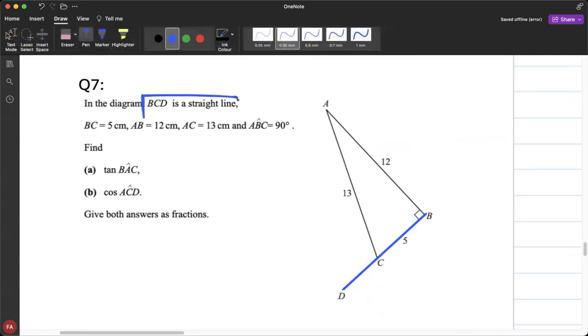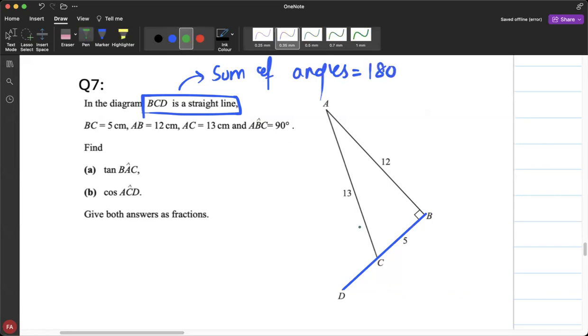That means if they write down something as a straight line, they probably want you to understand that this has to be the sum of angles. That's more appropriate. It's going to be 180, which means if this is a straight line, this angle and similarly this angle, they both would add up to have a sum of 180.